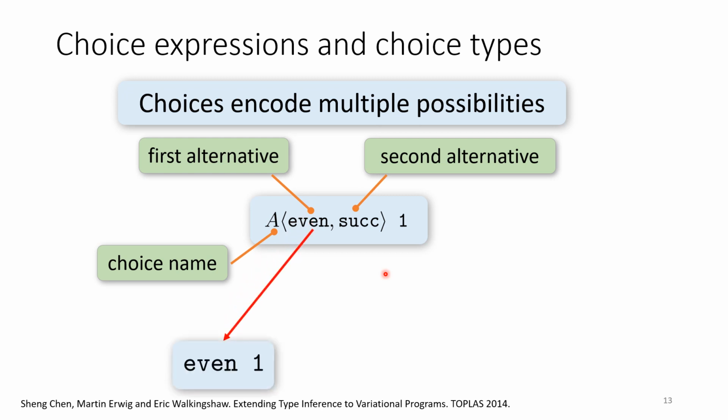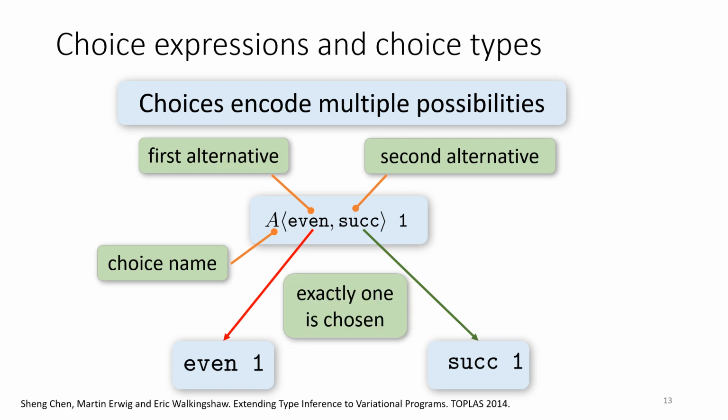We can eliminate the choice to get the expressions encoded in this choice expression. By selecting the left alternative of A, we have even one, and the right gives successor one. Whenever we eliminate a choice, we must take exactly one alternative from each choice.